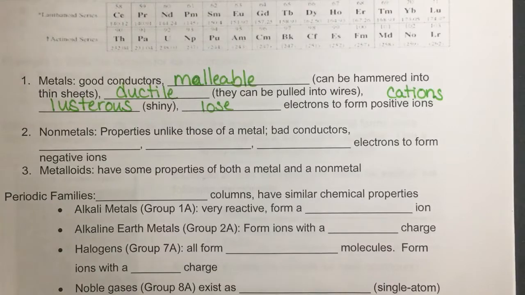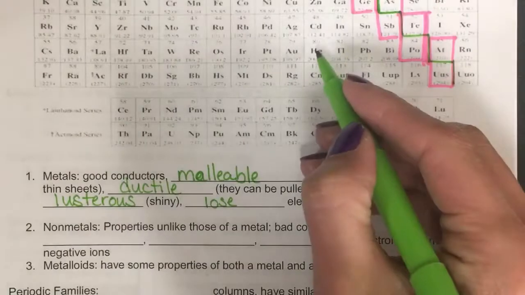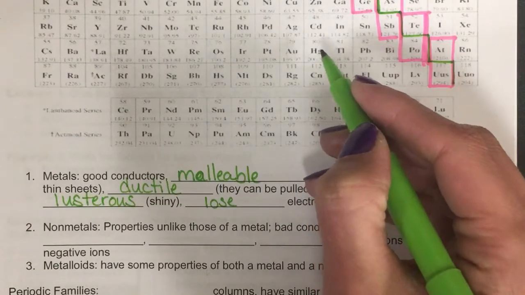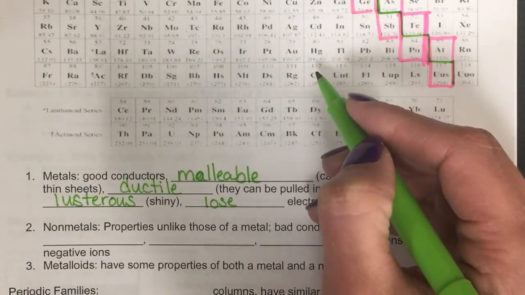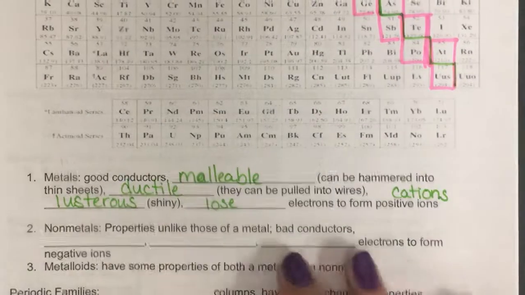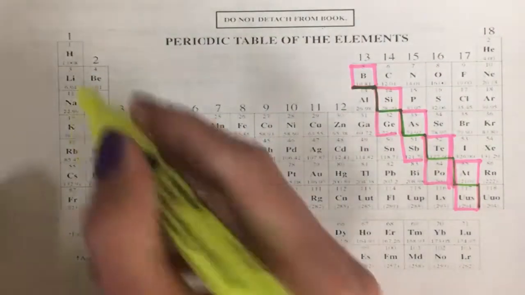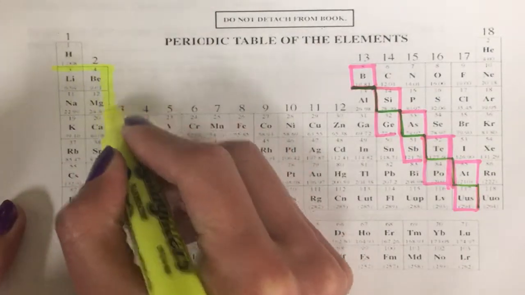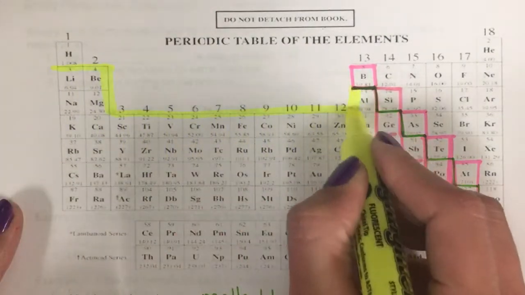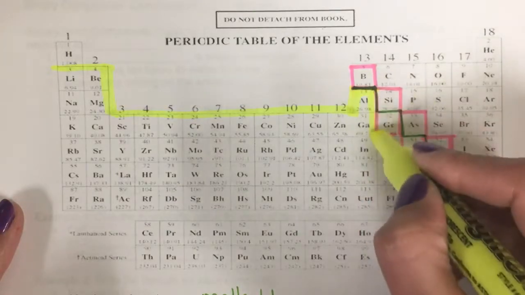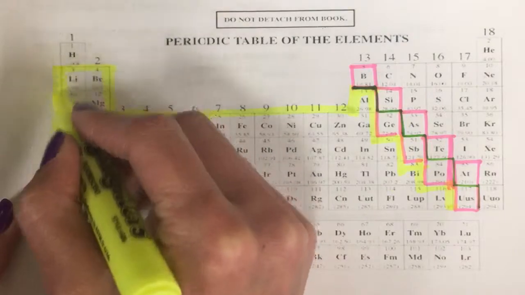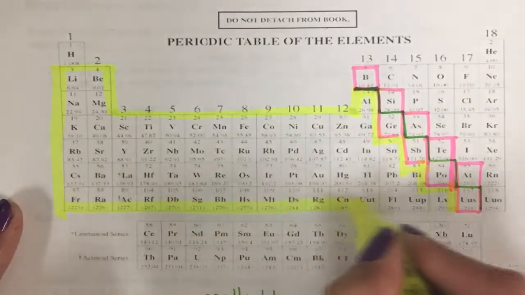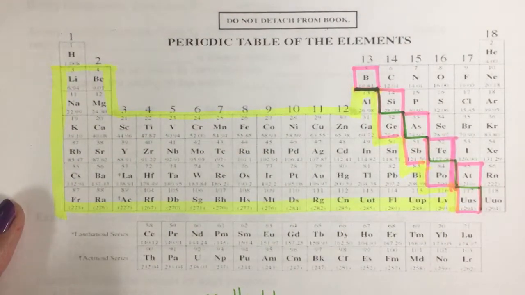One more fun fact about metals. All of our metals, except mercury, are going to be solids at room temperature. Now, if I'm looking at the periodic table, except for hydrogen, everything to the left of those pink elements I just colored, except hydrogen, everything here is a metal.